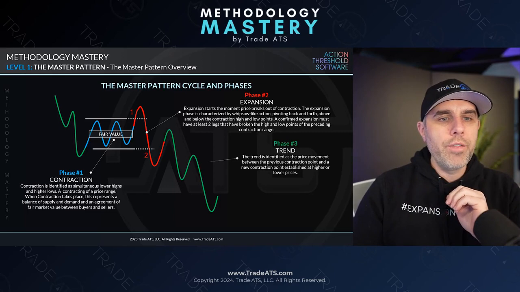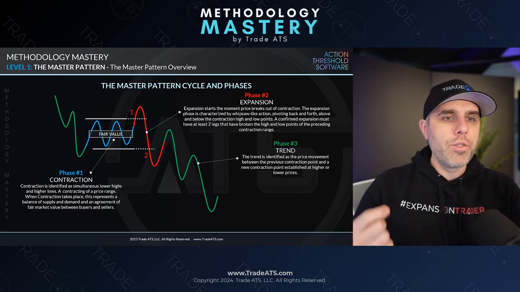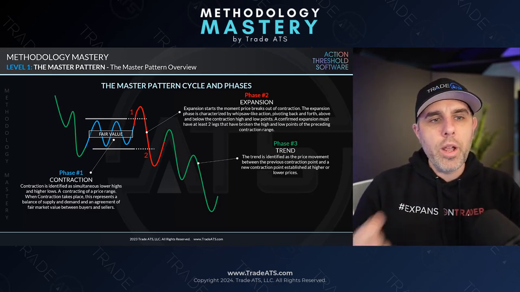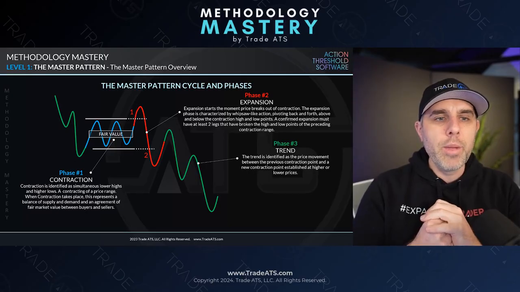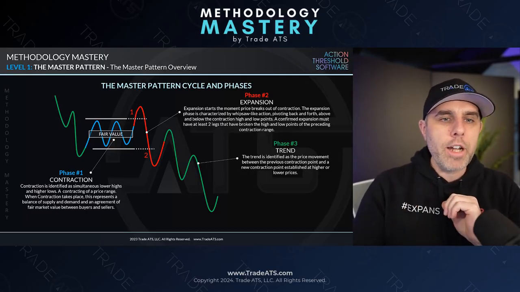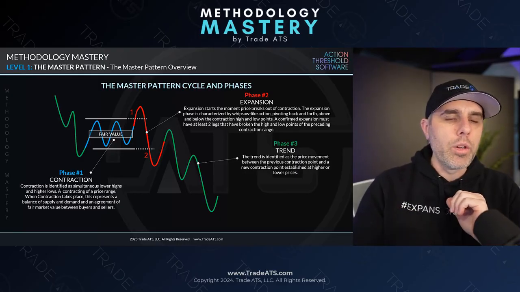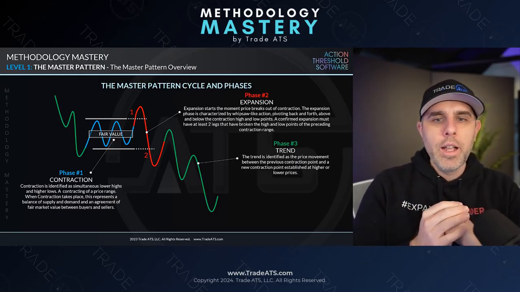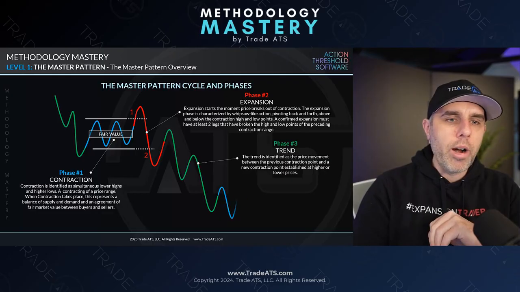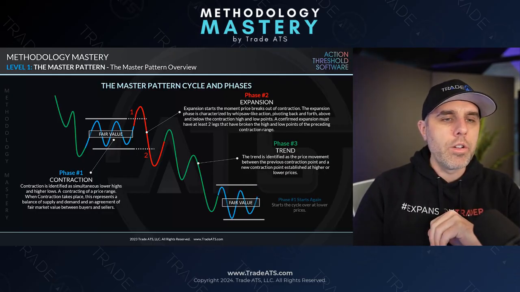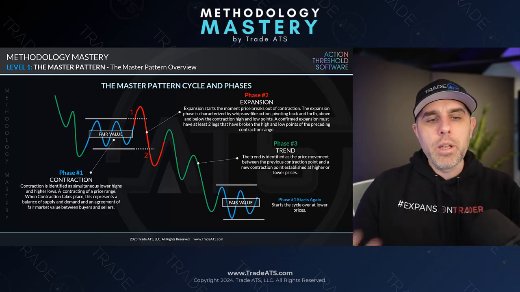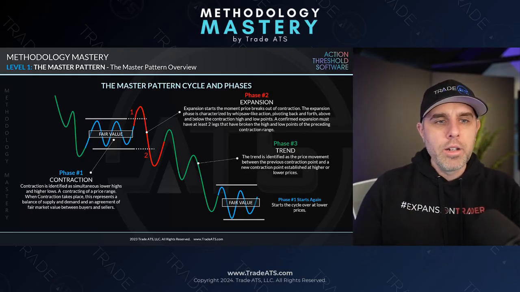Then it goes into the phase that we're really all interested in, which is phase number 3, the trend. The trend is identified as the price movement between the previous contraction point and a new contraction point established at higher or lower prices. In this example, it's established at lower prices, and then we go into another contraction. So the meat in the middle that we're all after is that trend phase.